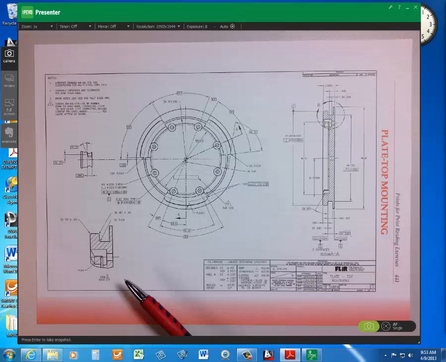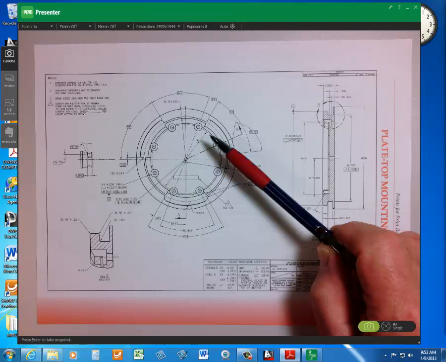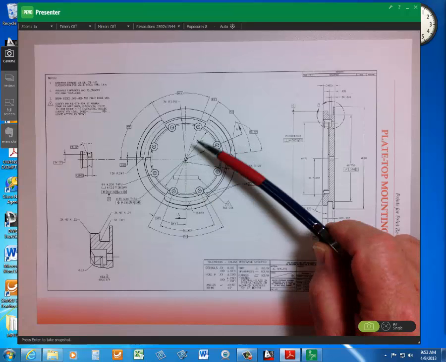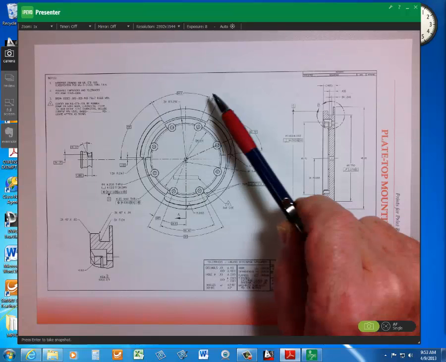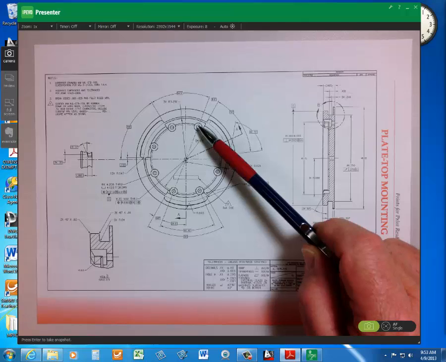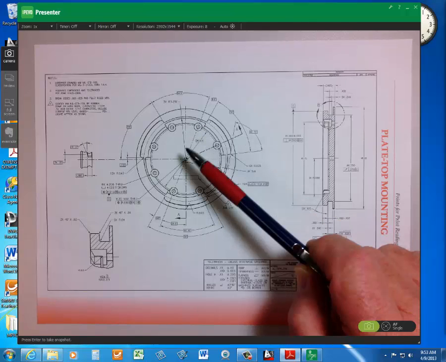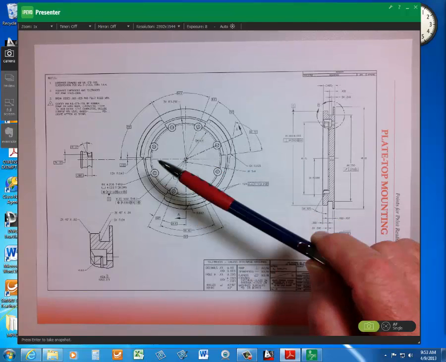Is it rectangular or polar? Kind of looks that way. You got a diameter. And we've got an angle to locate that one. It's pointing at this one. There's 8 of them.